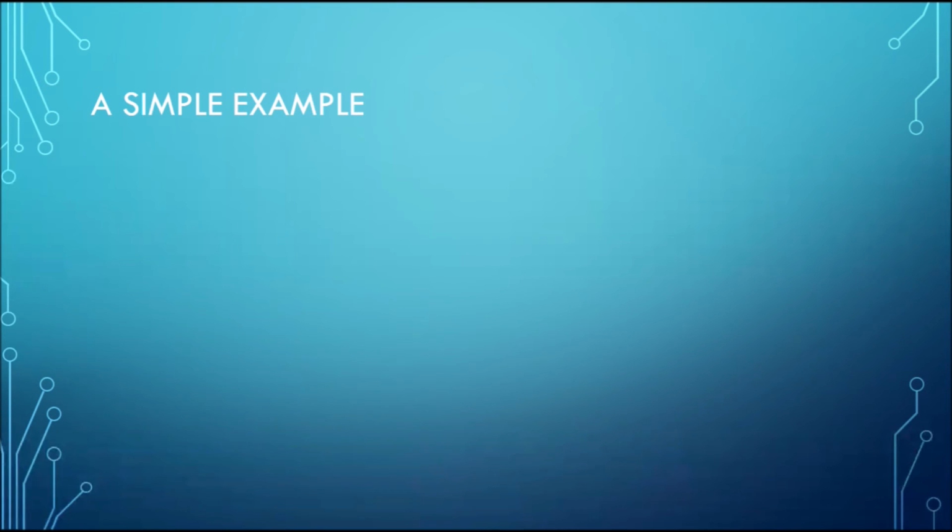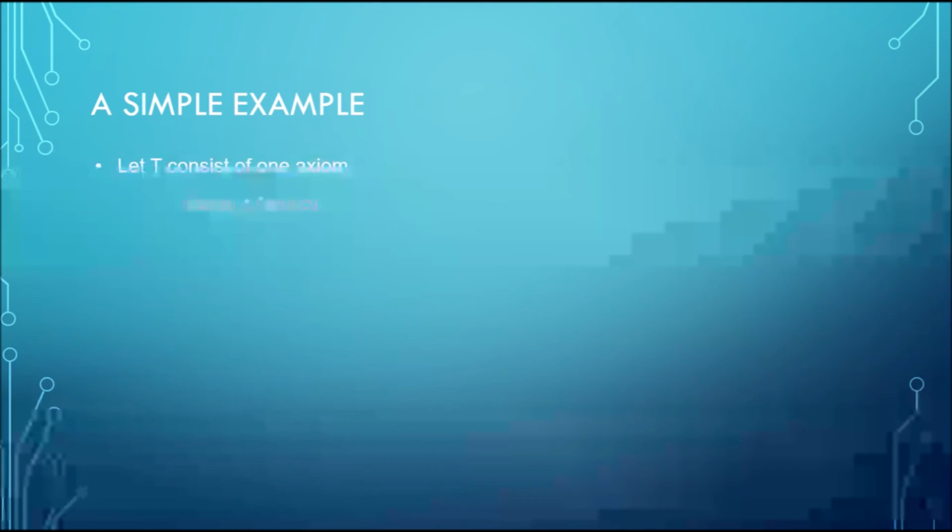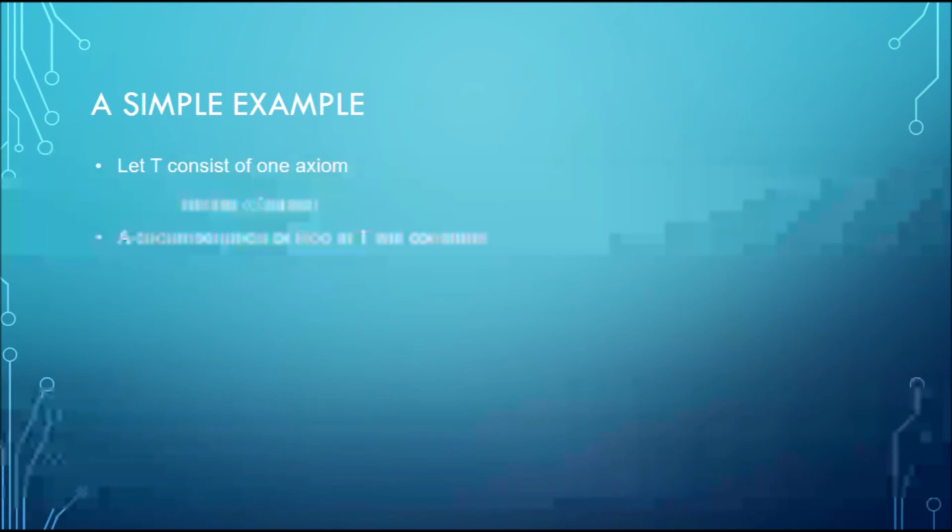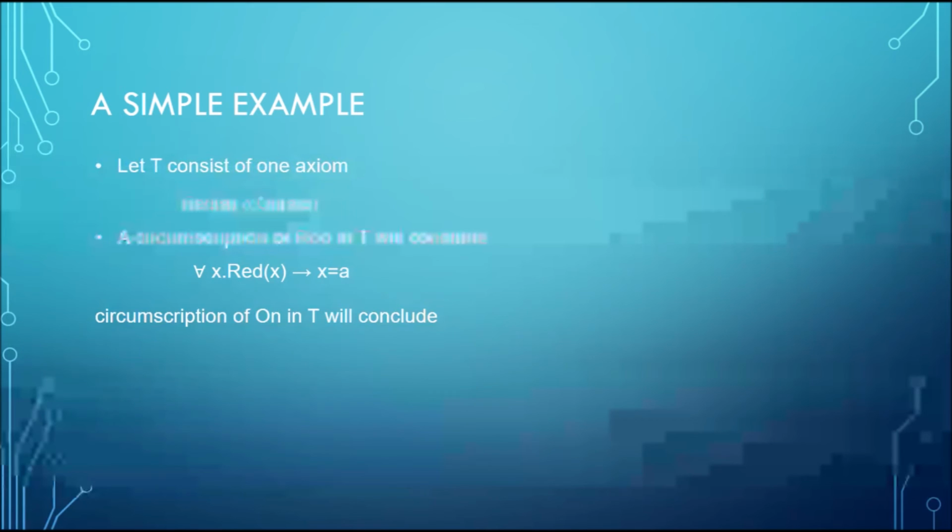A simple example. Let T consist of one axiom. A circumscription of red in T will conclude. Circumscription of one in T will conclude.